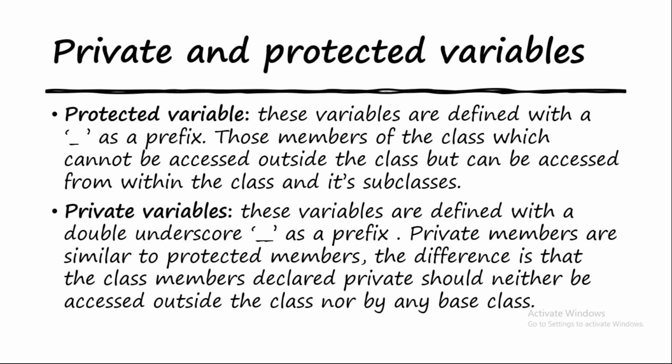Protected variables have a single underscore as prefix of the variable name, and private variables have a double underscore as prefix. Protected variables should not be accessed outside the class, but can be accessed from inside the class and subclasses. Private variables cannot be accessed anywhere except their own class.